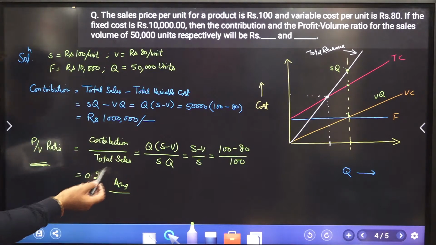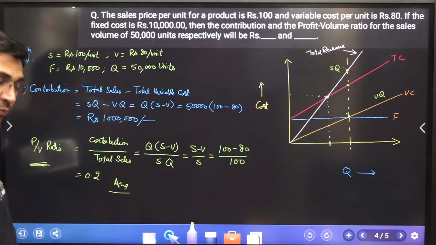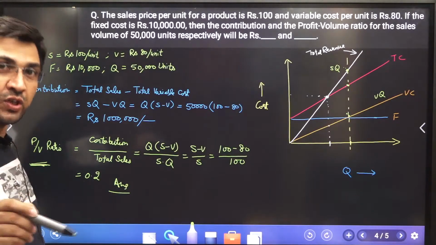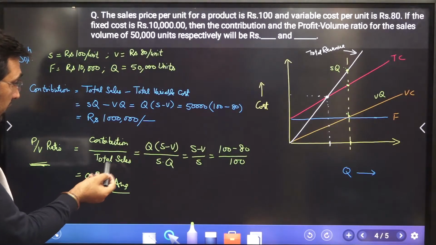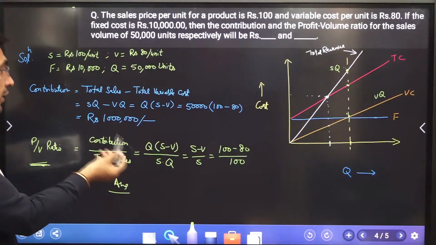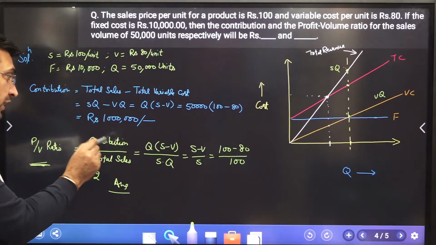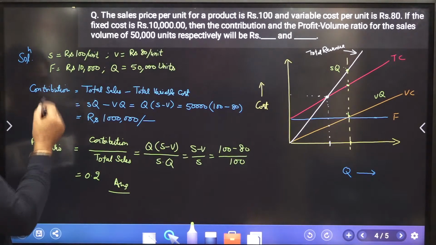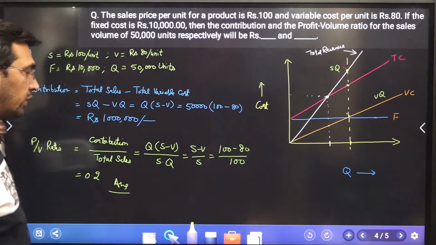So it is very important for us that when I am talking about the PV ratio in engineering and I am not understanding that, I should understand where that ratio is coming from, and then definitely the contribution term is going to appear. So if the contribution term is definitely going to appear, you must know what the contribution is. That is how you can relate.